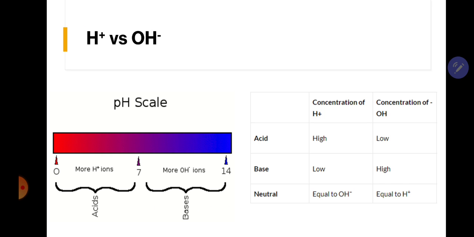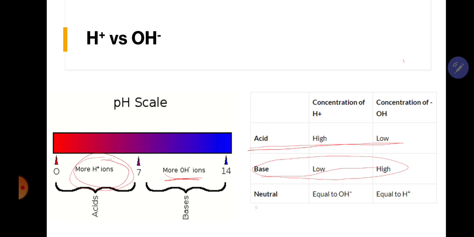Alright, so back to this idea of high and low hydrogen and hydroxide concentrations. As we said, the acids have more hydrogen ions while the bases have more OH ions. And if we look, it's a balance. If you have an acid, you have high H, low OH. With the bases, it's the opposite.